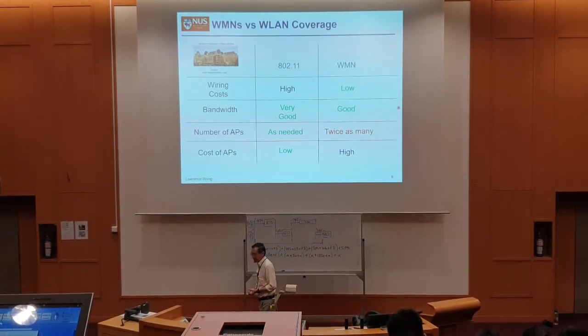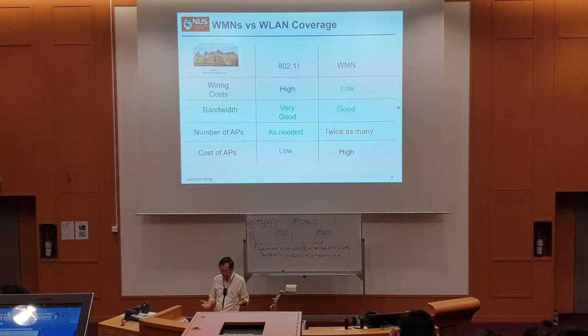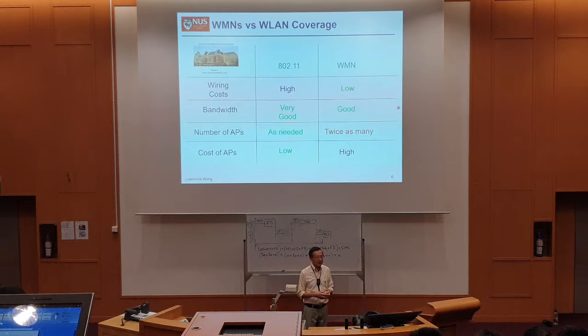Bandwidth is not as great as 802.11, but pretty good still. Can have many APs, and again, the problem is the cost. The more APs you have, the higher the cost, because most of the APs in the mesh network operate in dual modes: one wireless technology with the backbone, and another cheaper technology with other nodes. So that's why the cost is higher, whereas Wi-Fi is all the same technology.